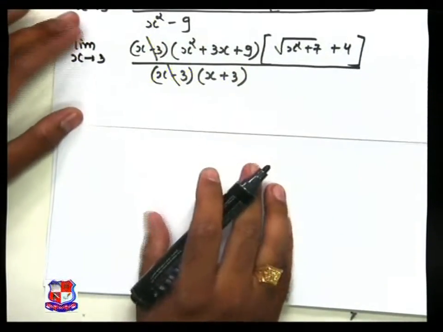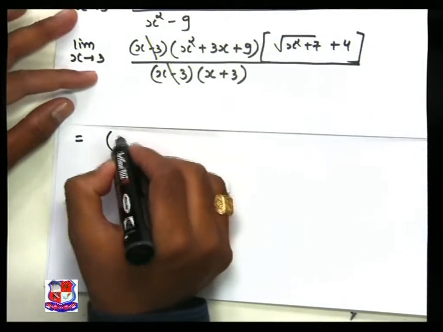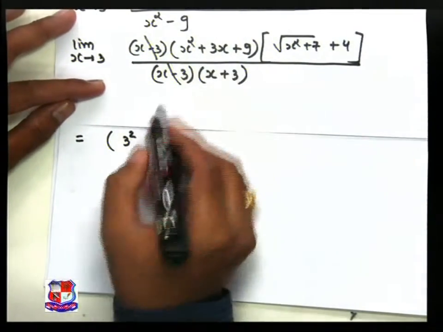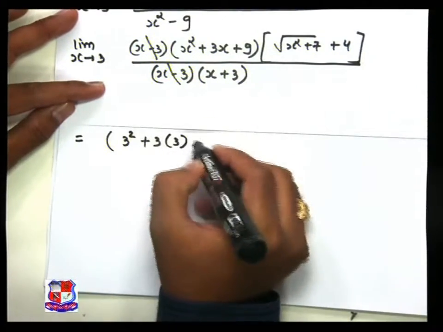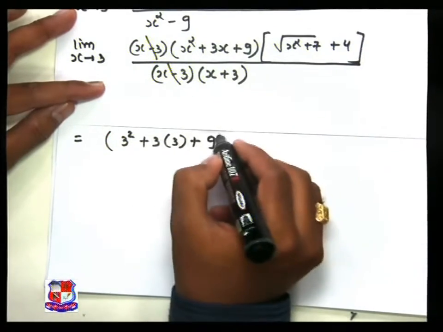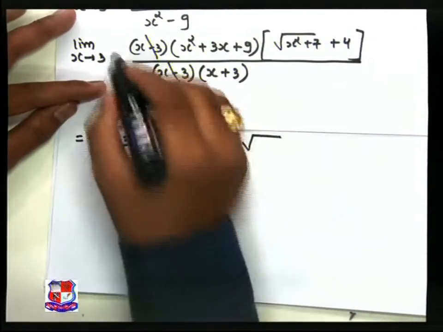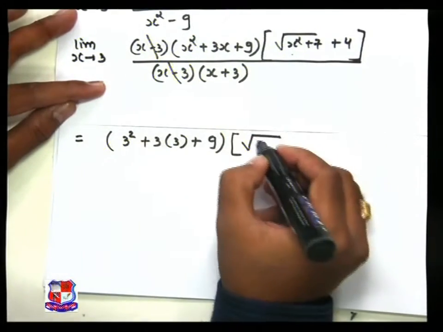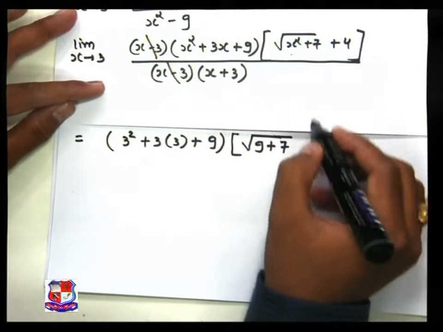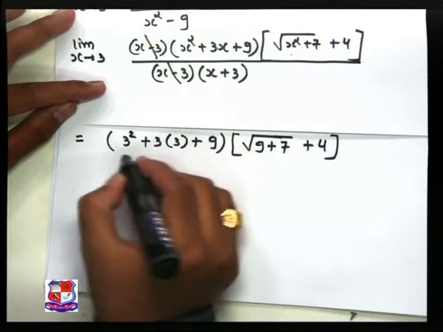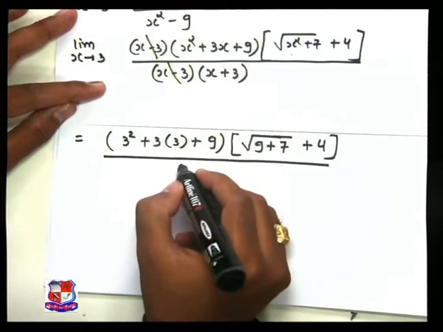So if we replace the limit, then it must be equal to, and we want to simplify this term again, so that is equal to 3 square plus 3x replaced with limit, that is 3, plus 9 as it is, here under root of this 3 replaced with x square, that is 9 plus 7 and plus 4 as it is, divided by this 3 replaced with x, so 3 plus 3.